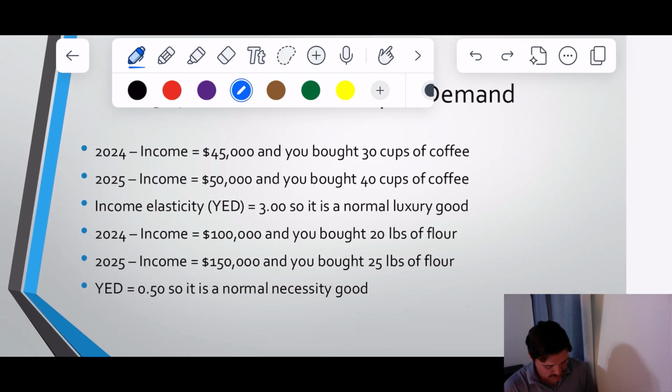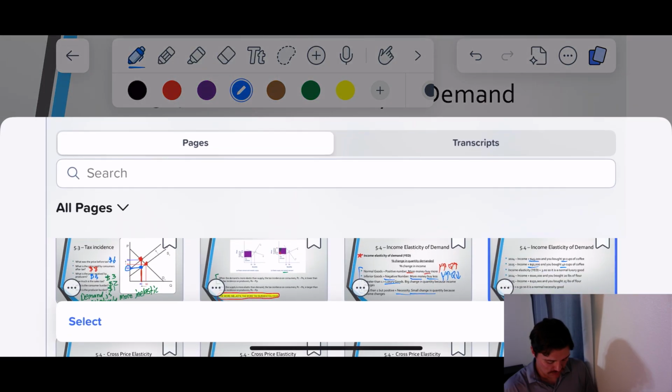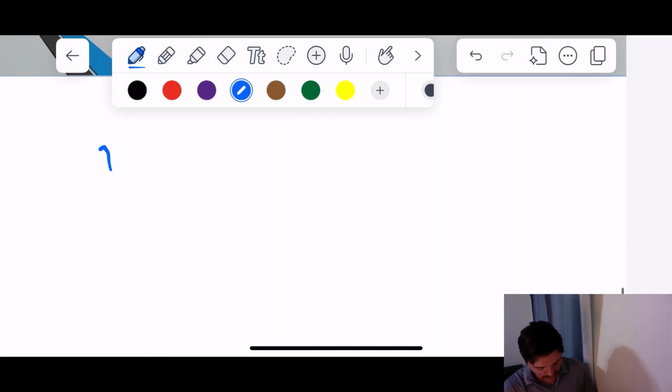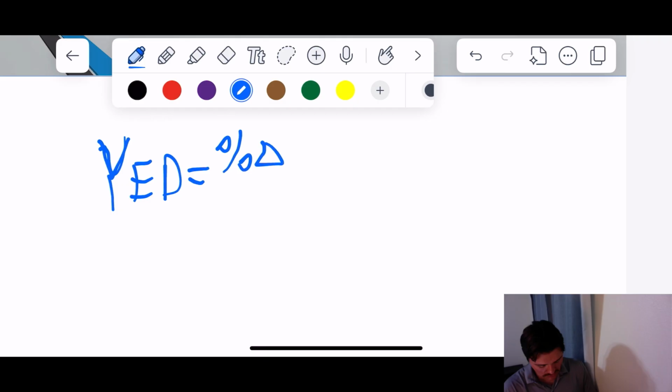So let's look at some examples here, okay? Let's say your income is $45,000. You buy 30 cups of coffee. If your income is 50,000, you now buy 40. So let's do that calculation. For the YED, we are looking at the percent change in the quantity because of a percent change in the income.